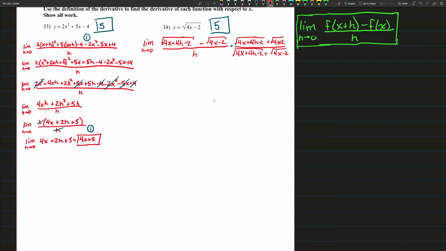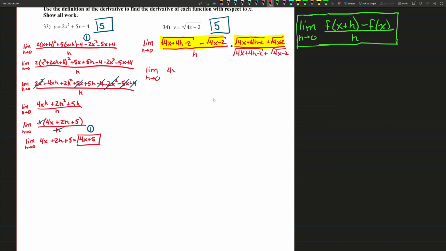So again, what we're going to try and do is rationalize this out. We're going to use that difference of squares to hopefully do something. Okay, so when we do this, we get the limit as h approaches 0. When we multiply this part by this part, we get the difference of squares, right? Those are conjugates of one another.